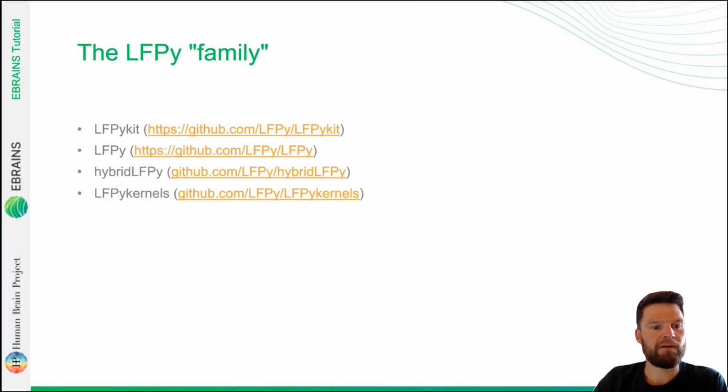This is in many ways the main software, and it is the software that I will soon demonstrate how to use. Before I go on to demonstrate LFPy, I will briefly mention two more advanced members of the LFPy family, namely Hybrid LFPy and LFPy kernels. Note that these two software packages are intended for more advanced users, and I will not go into much detail.